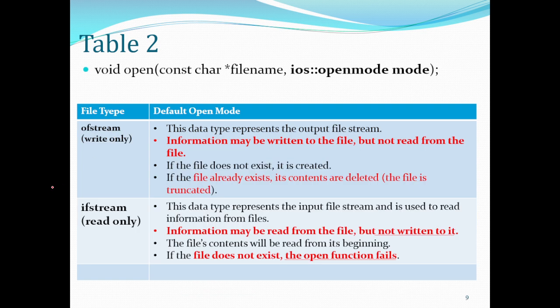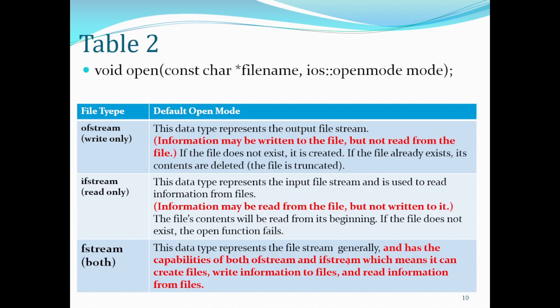Similarly, with an ifstream object we are able to open a file for only reading. If there is no file in the system, in the disk or the target folder, there will be a failure. For both operations we are able to use this library or object.